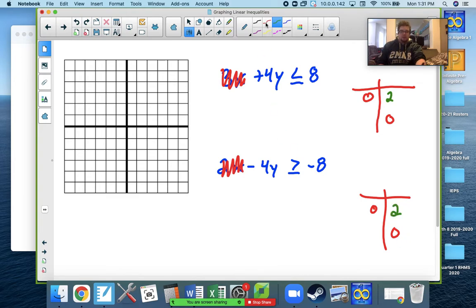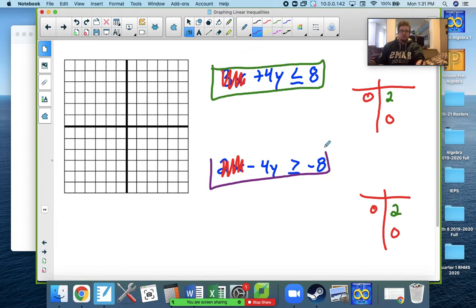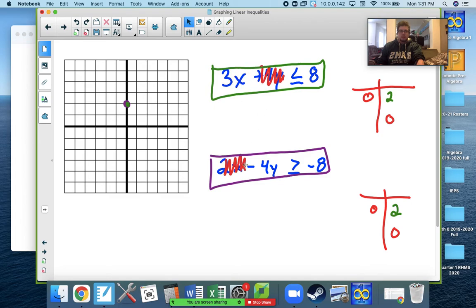So funny enough, I'm going to graph this first one green. The second one will be purple. Both of them have a dot right here. We plug 0 in for the y's. Eight gets divided by the 3, so we get 8/3.